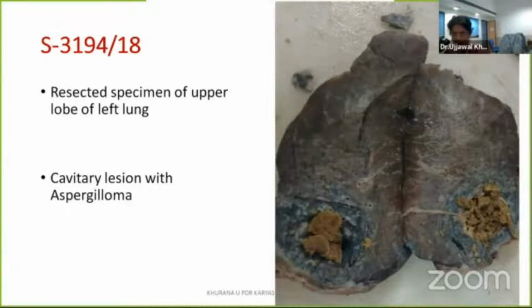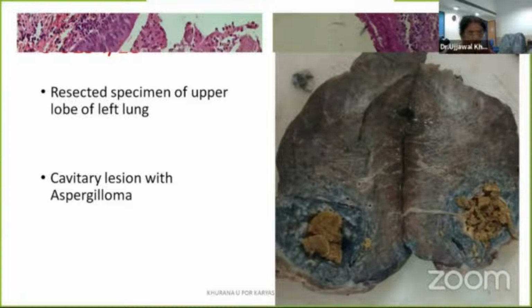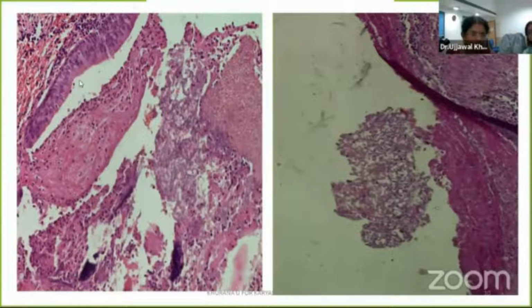So this is a lung, the upper lobe of the left lung that we had received, and I'll show you here the resected specimen of the upper lobe. These are the granulomas, a cavitary lesion with aspergilloma. We can see the respiratory epithelium and this fungal ball formation. This is HNE stain.